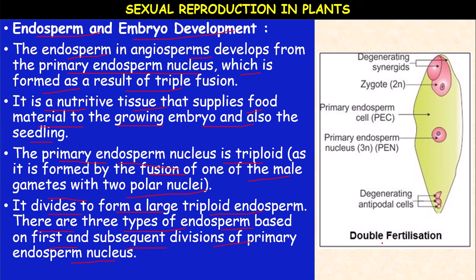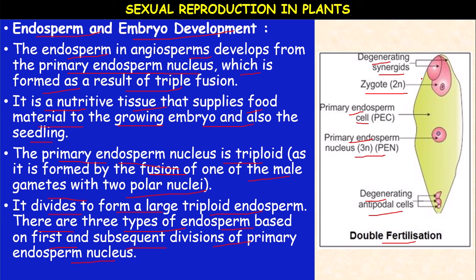So, this is the double fertilization, with degenerating antipodals, then the primary endosperm nucleus, formed when one of the male nuclei combines to form the primary endosperm nucleus. First, the primary endosperm cell is present, and it converts into the primary endosperm nucleus. The zygote is formed. After the formation of the zygote, the synergids will degenerate.